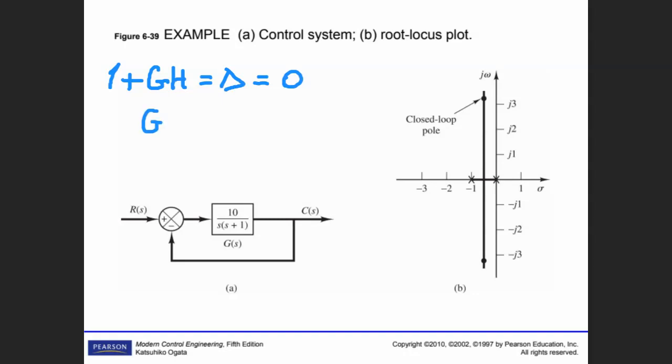So GH is equal to minus 1, so the magnitude of GH is equal to 1, and the angle of GH is equal to 180.